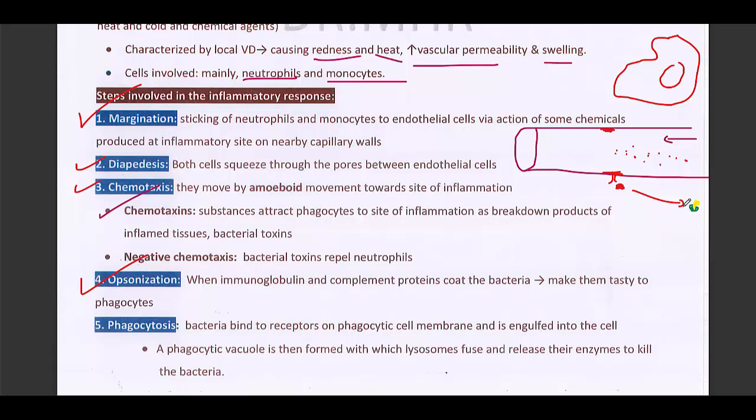When a large phagocytic cell becomes near this bacteria, it just eats it and keeps it in a vacuole, and the lysosomes go inside this vacuole and kill the bacteria.